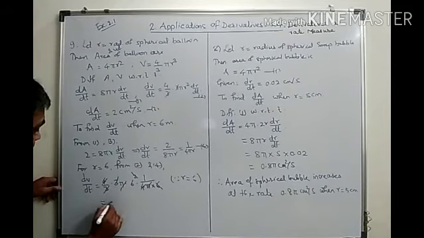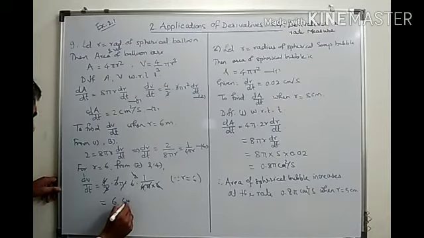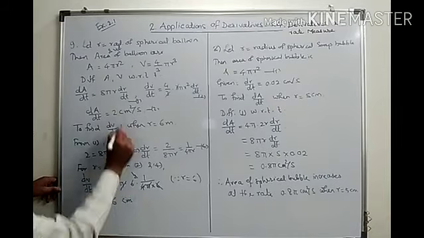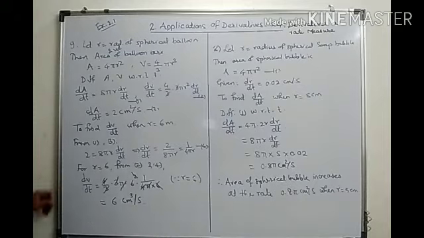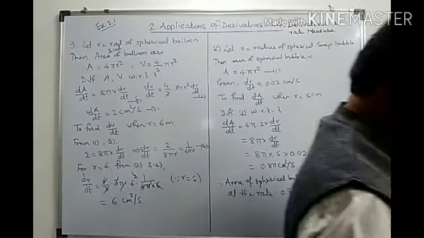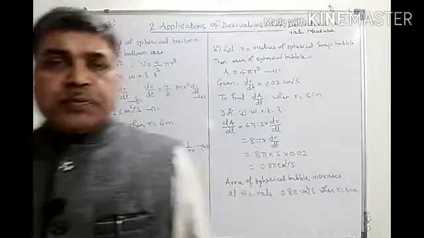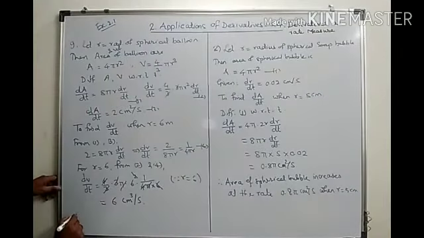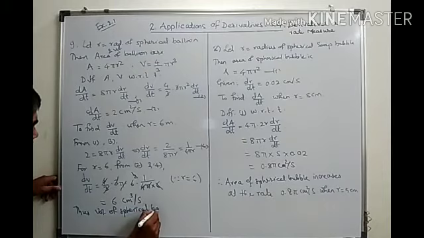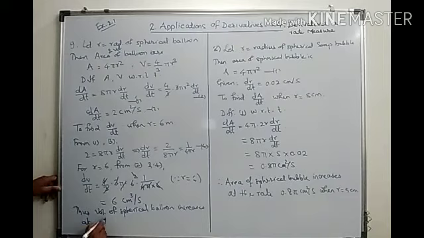So the answer will be 6 centimeter cube per second. Thus the volume of the spherical balloon increases at the rate 6 centimeter cube per second when r is equal to 6 centimeter.